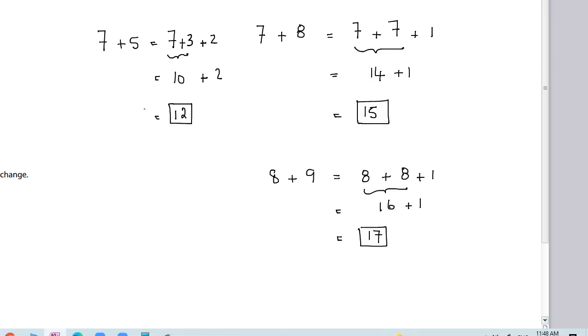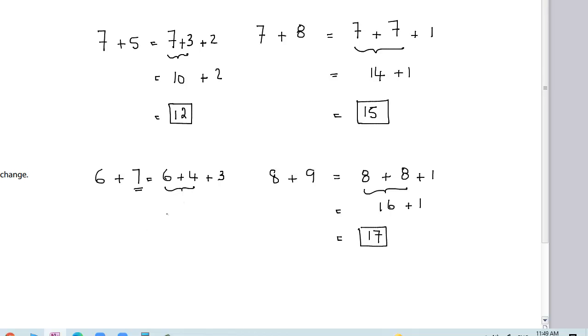Wow, this is a good strategy. If I have, for example, 6 plus, let's say, 7, I can say what? 6, to reach 10, I need 4. If I have 6 and 4, it's 10, perfect. But I don't have 4, I have 7, so I don't have to forget the 3.